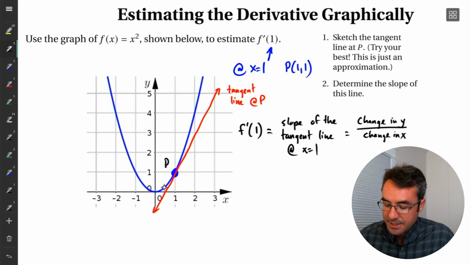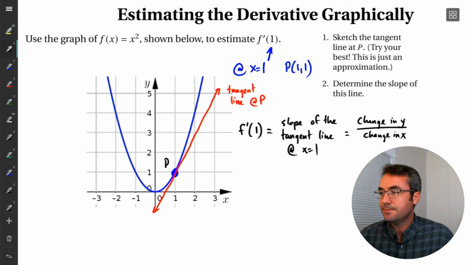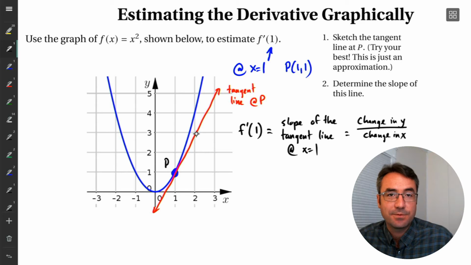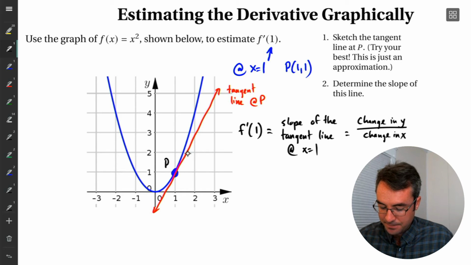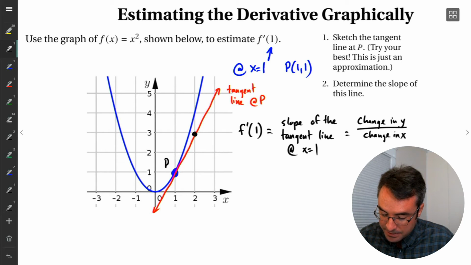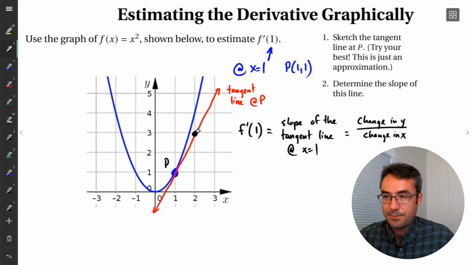And when you pick this second point, try to make it a point that's kind of easy to determine the coordinates for. So if I'm looking here, I have all these points on this line to choose. Pick an easy one. And it looks like this one is pretty good. Looks like it goes through the grid lines, or pretty close.